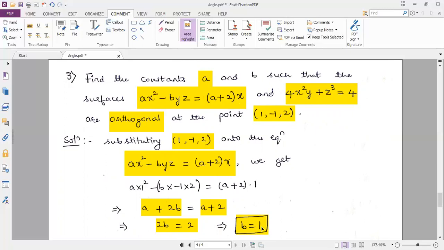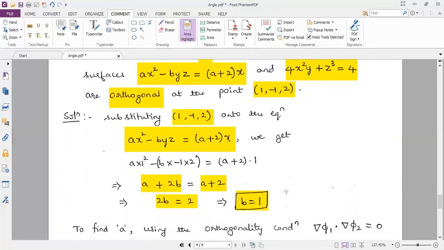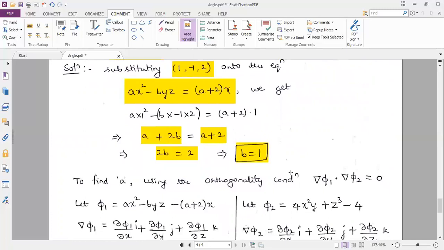Now, one of the constants was easy to obtain by substituting the given point into the given surface. To obtain the second constant, that is a, we need to apply the condition for orthogonality. The condition for orthogonality is grad φ1 · grad φ2 = 0.